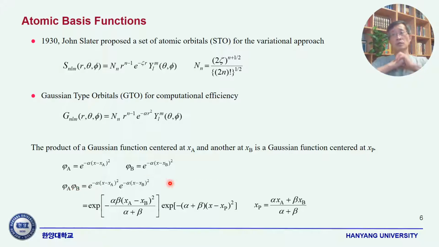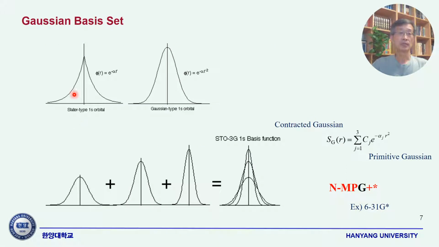So a Gaussian multiplied by a Gaussian is just a Gaussian, and then integration is very quick. So we'd rather use Gaussians for computational efficiency. But one problem here is that this is the Slater type 1s orbital, and this is the Gaussian type 1s orbital.